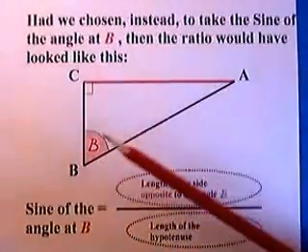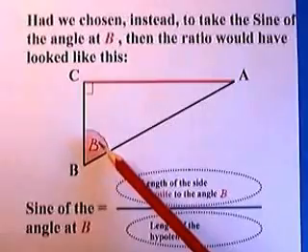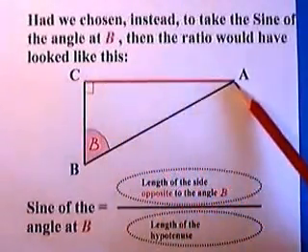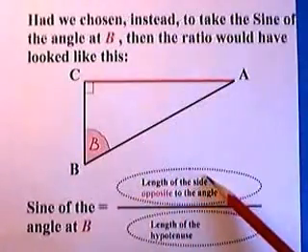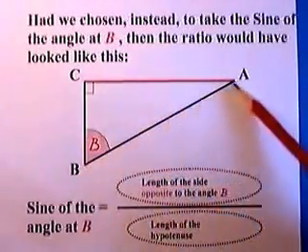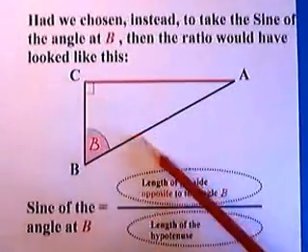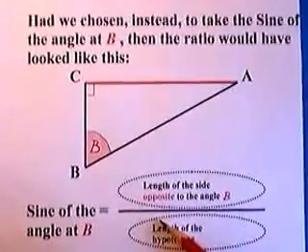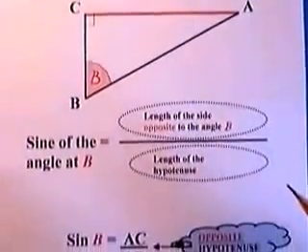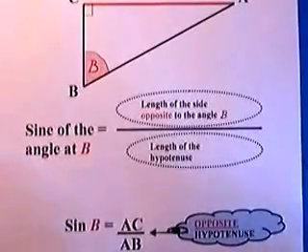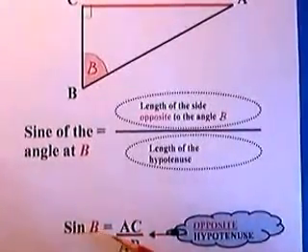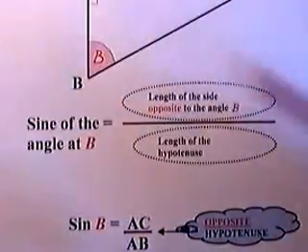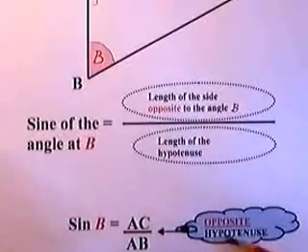Well, where is the side opposite to angle B? Well, clearly it's that one. So the length of this side would have gone on the top of this ratio, and the length of the hypotenuse, the longest side, which is opposite the right angle, this one there, AB, that would have gone on the bottom of this ratio here. Using letters, it would have looked something like this. Sine B is equal to AC, the opposite side, divided by AB, the length of the hypotenuse.